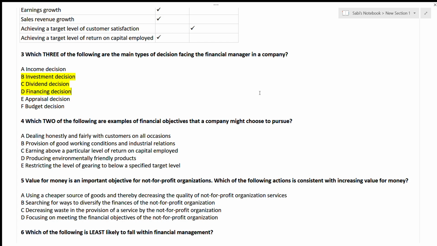Appraisal decisions are subdivisions of the investment decision, and budget decisions will be performed by the management accountants. Budget decision is not something performed by the financial manager, it is by the management accountants, right? And income decisions are the subdivisions of the investment decisions. Investment decision, yes.